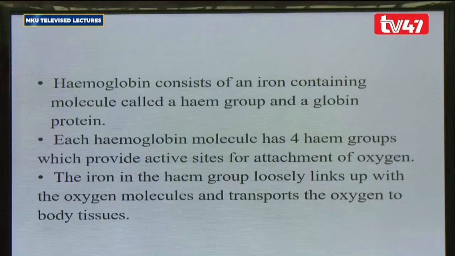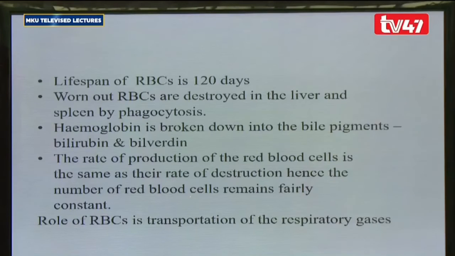The red blood cells do the business of carrying oxygen to the body tissues until it reaches a point where they can no longer carry the oxygen to the body tissues. When this happens, we say the red blood cell is worn out.